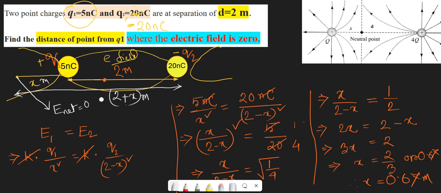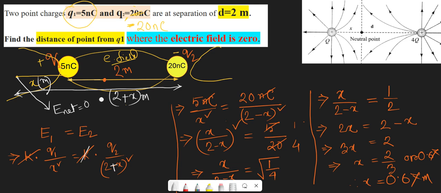It means E1 equals E2. So the value of E1 by the definition of electric field, K into Q1 over x square, obviously the distance is x meter, equals K Q2 over the distance now 2 plus x, so this will be plus now, right?